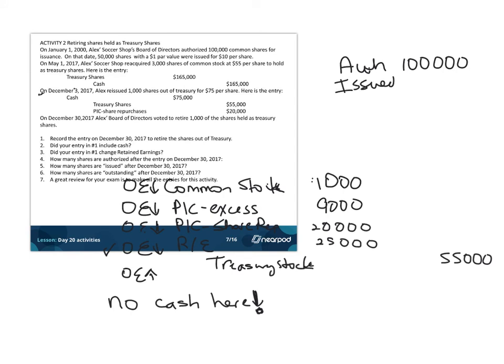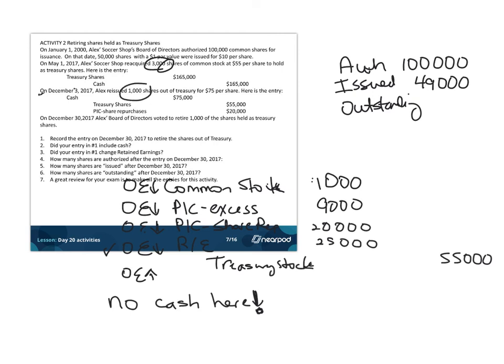Issued, we issued 50,000. Now we have retired 1,000. So that means there are 49,000 issued. How many shares are outstanding? Well, remember the difference between issued and outstanding is treasury stock. So you need to figure out how many treasury shares we have. We reacquired 3,000.